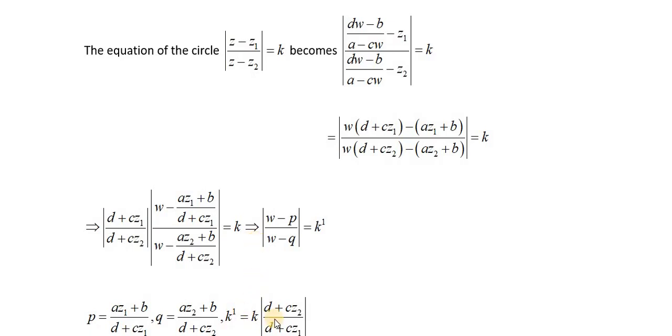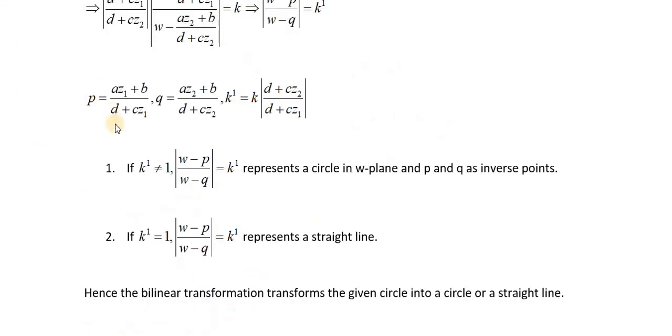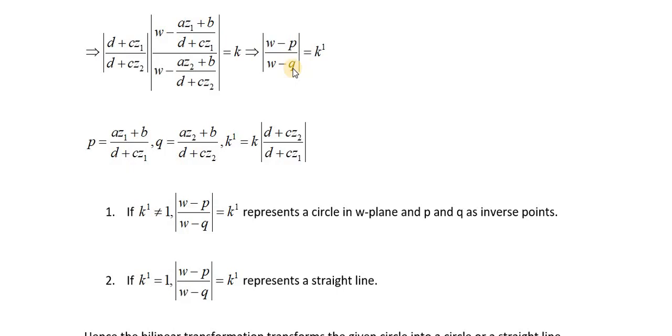So K dash value is this one. If K dash not equal to 1, then W minus P by W minus Q is equal to K dash. That means if K dash is 2, 3, 4 like that, then it represents a circle in the W plane, and this is also the same as this equation.